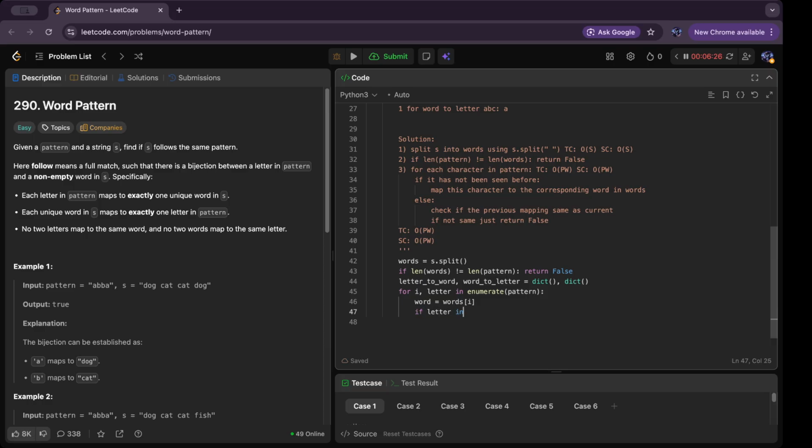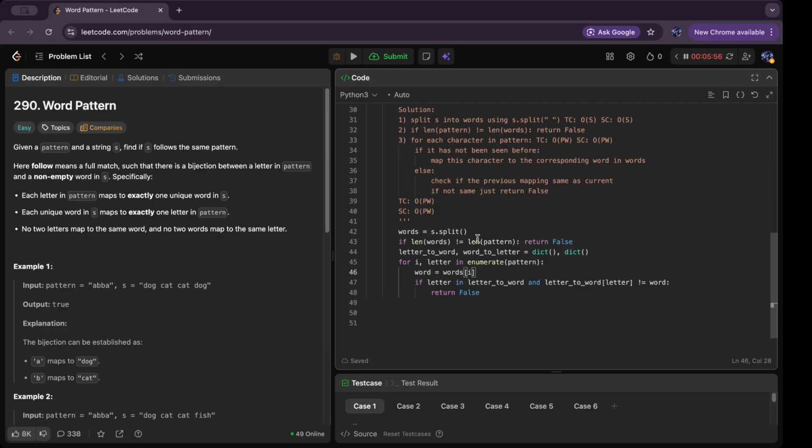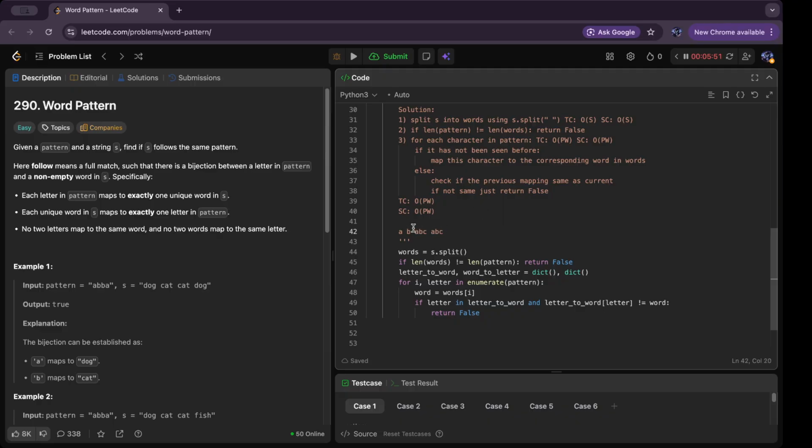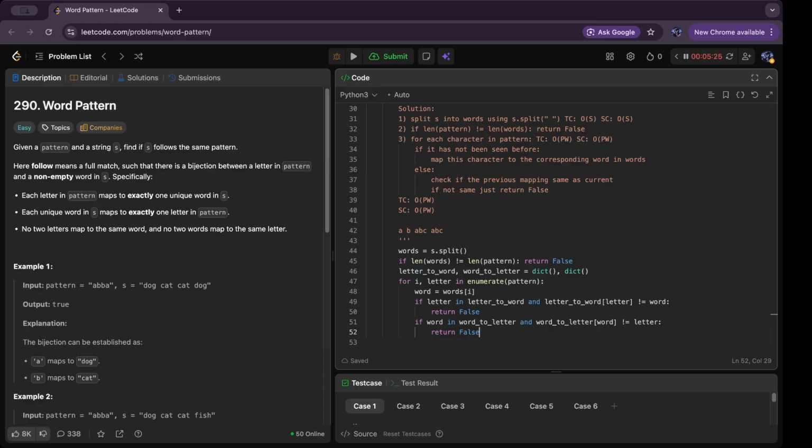Okay, so if not, then update. And then so this is the one whereby you have A, B, and then it's not letter, it's not number. Okay, and then in word to letter.